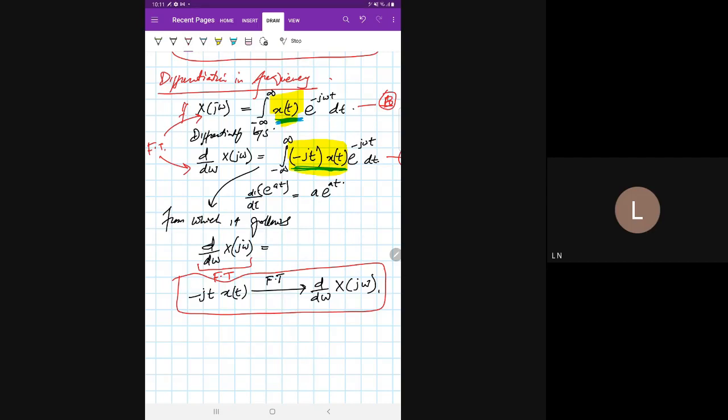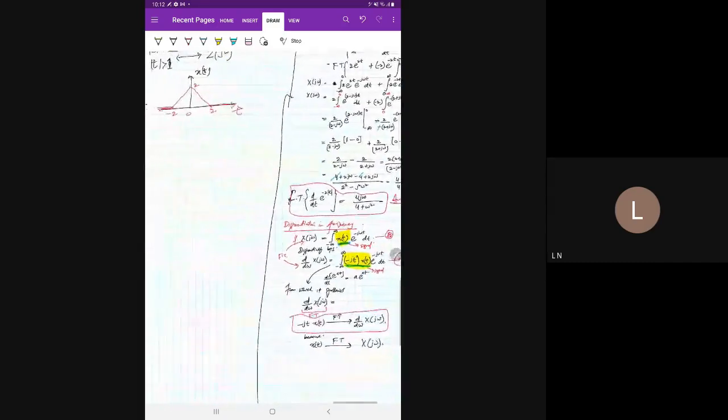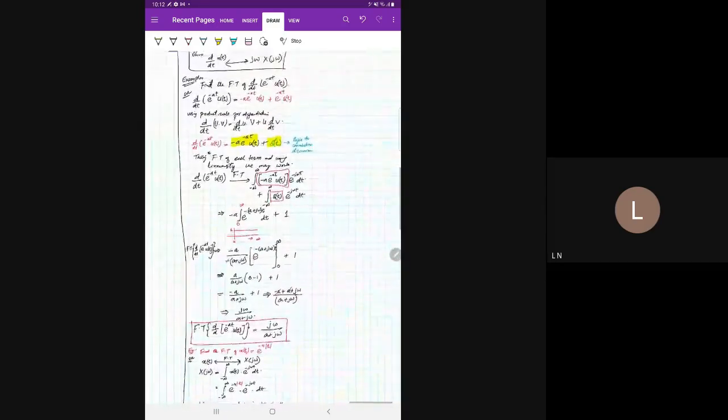Why is this true? The Fourier transform of minus j t x of t will be d by d omega of X of j omega, because x of t, if you take its Fourier transform, gives X of j omega. The same thing was true here also.